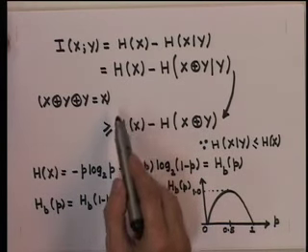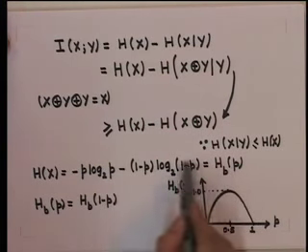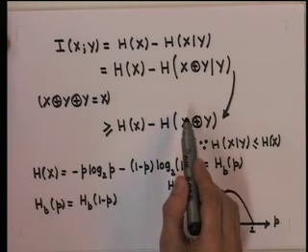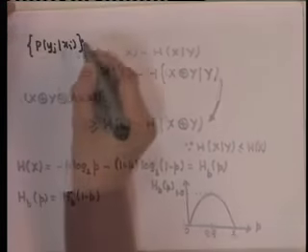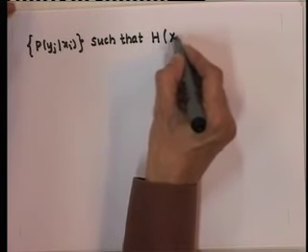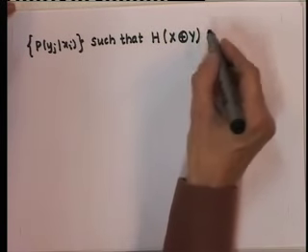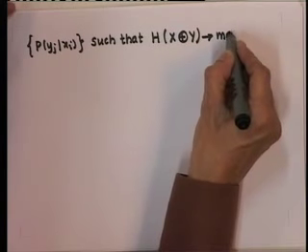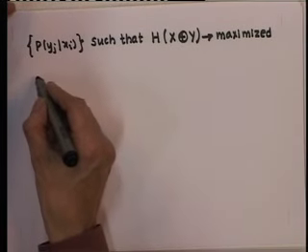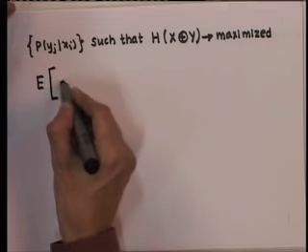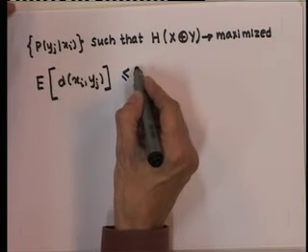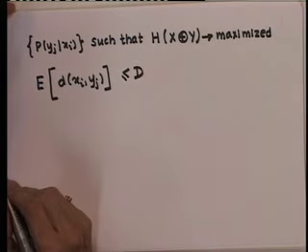So, given that H(X) is completely specified by the source probabilities, our task is now to find the conditional probabilities such that the entropy of X XOR Y is maximized, while the average distortion is less than the specified distortion level.